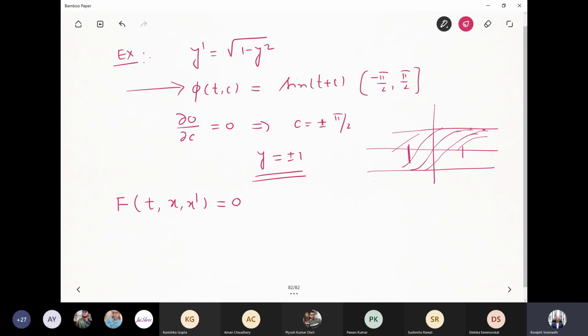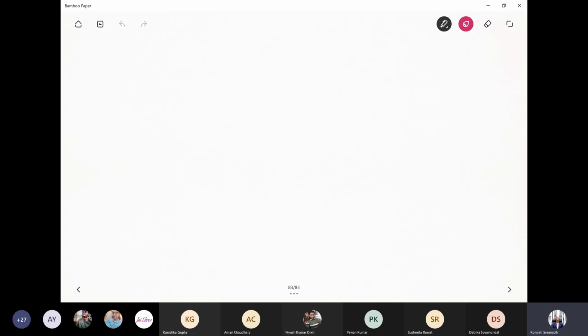Assume that x equals phi(t, c) is a solution. Then we have f(t, phi, phi_t) equals 0.